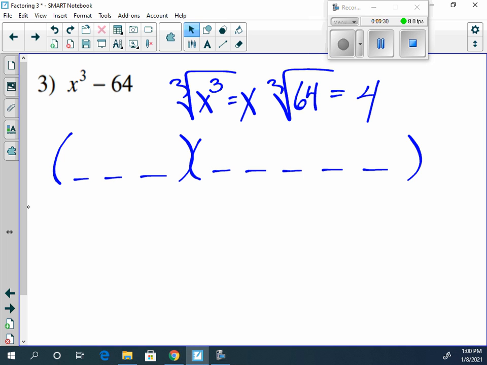Now we can look at the signs. So the signs are going to be the same, opposite, always end on a positive note. Since it was negative to start with, we have negative, positive, positive.